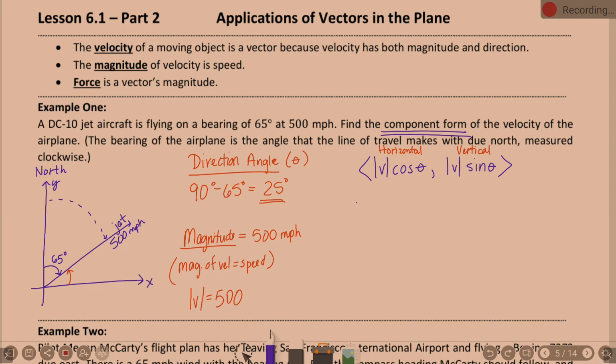In order to get a, the first component, we're going to do the absolute value of V, which is 500, times cosine of 25. That's going to be a calculator thing. In order to get b, the second component, it's 500 times sine of 25 degrees. Again, a calculator thing.